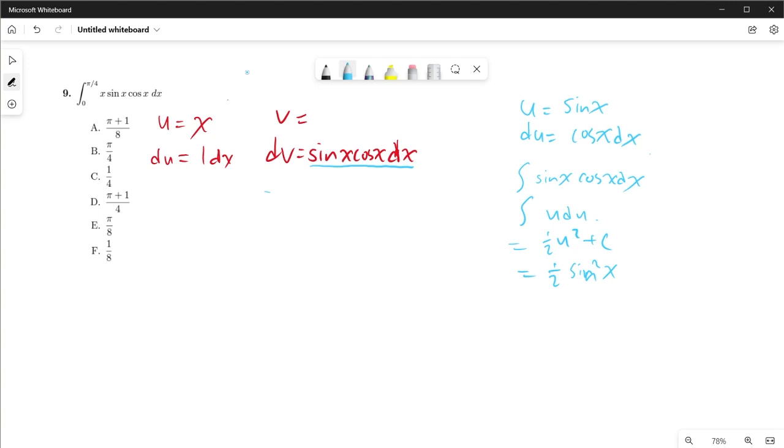I'm not too worried about the plus c since we have a definite integral, but it's there since we were solving sort of an indefinite integral.